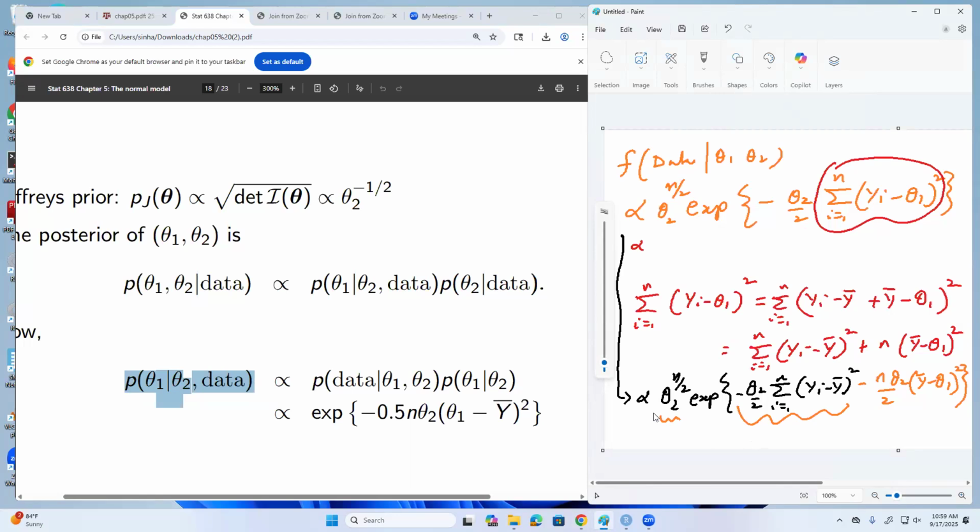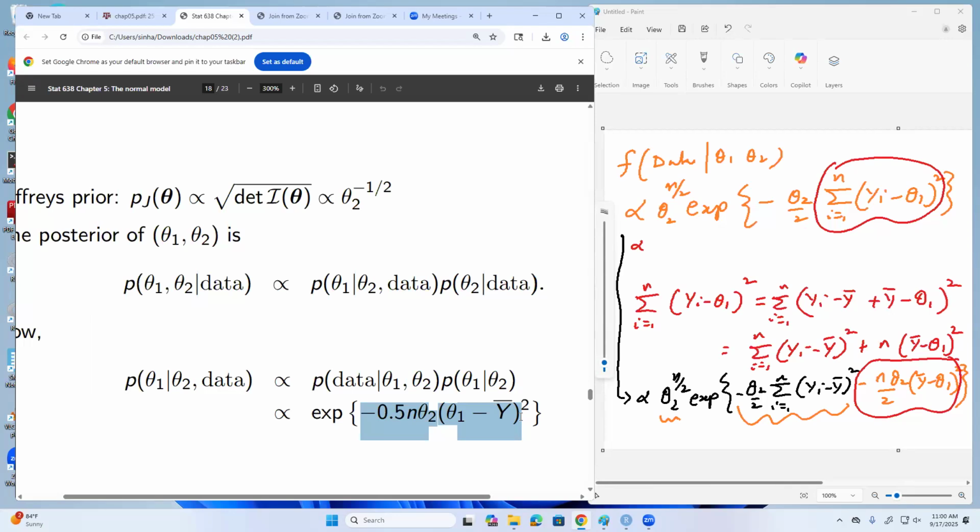So I'll just pay attention to this part, and that is what we have here. So now I can see clearly the conditional prior distribution of theta 1 given theta 2 was 1.